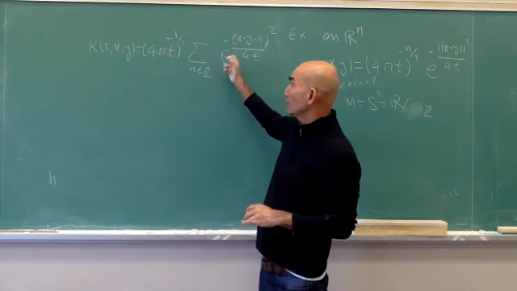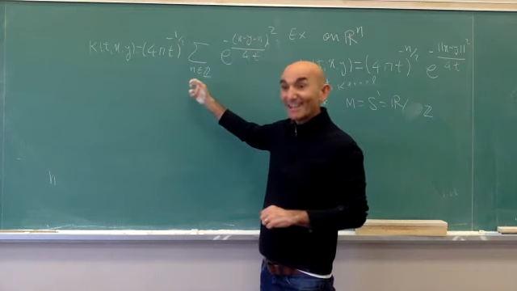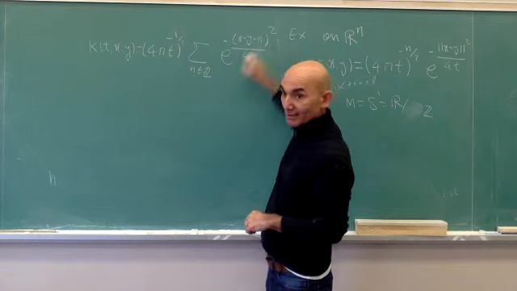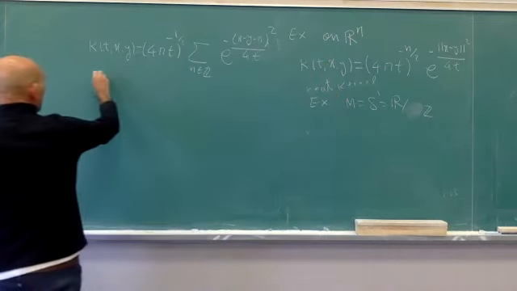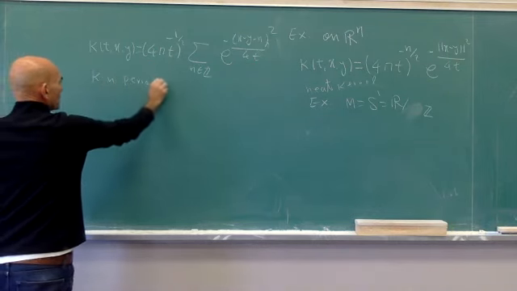First of all, you have to check that this is a periodic function in x and y, and it is, the way we have done it. So this is periodic, first of all.